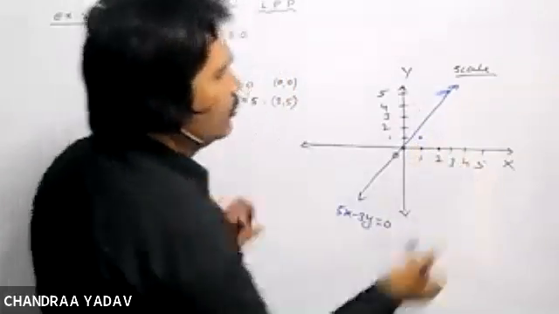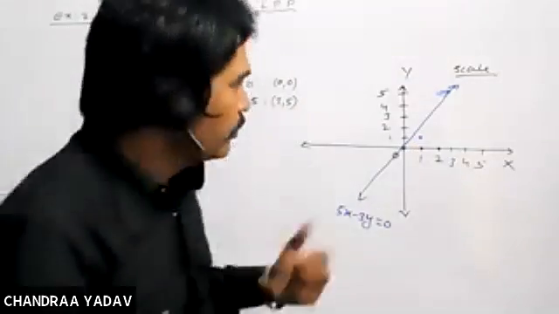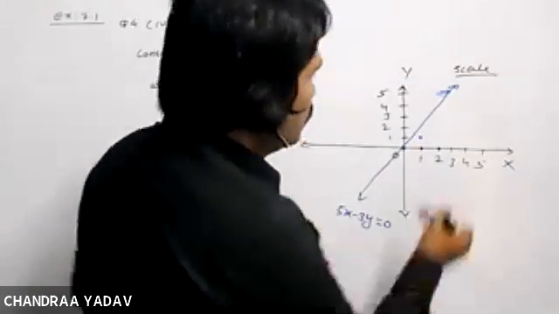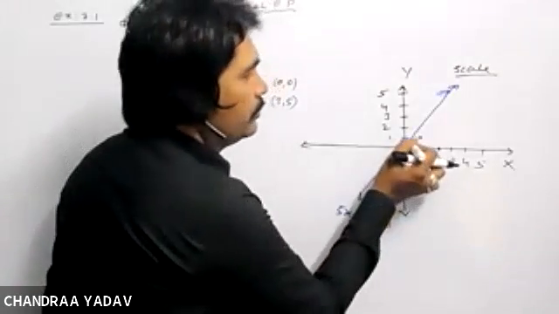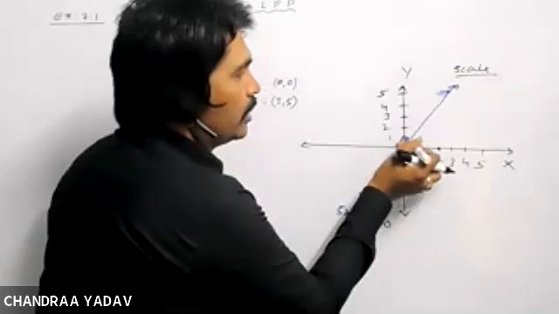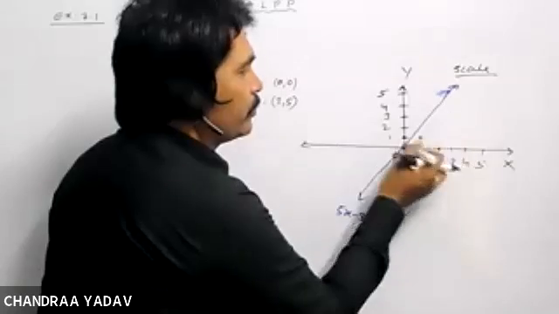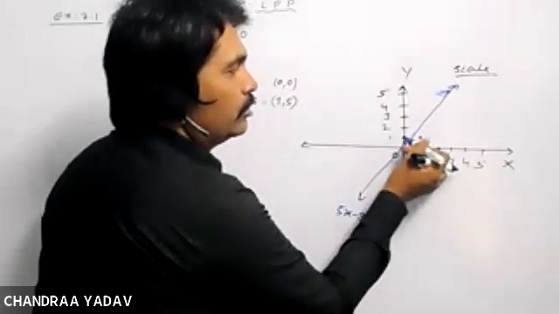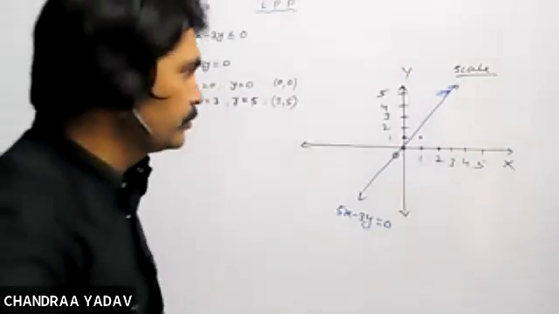So rather than taking 1 comma 1, which is not wrong but creates a little confusion, better we consider this point 1 comma 0, or else you can take 0 comma 1, which is above the line. The picture is very clear.